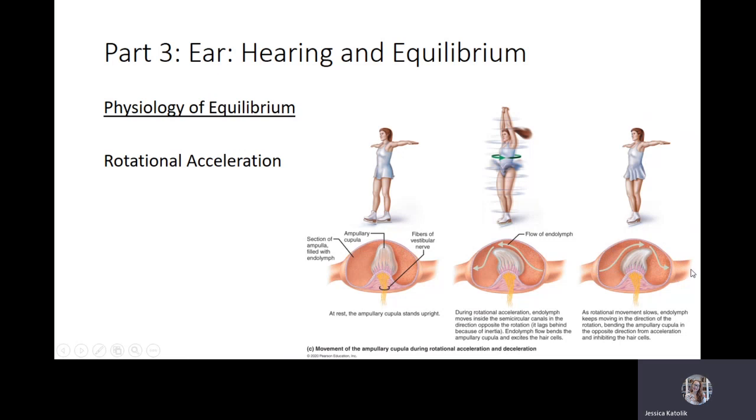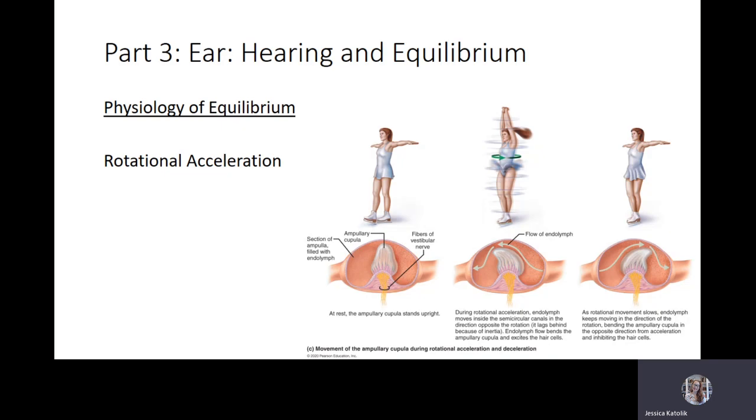And this will actually bend the cupula in the opposite direction, inhibiting those hair cells and preventing them from stimulating the vestibular nerve. So that concludes our lecture on chapter 16.